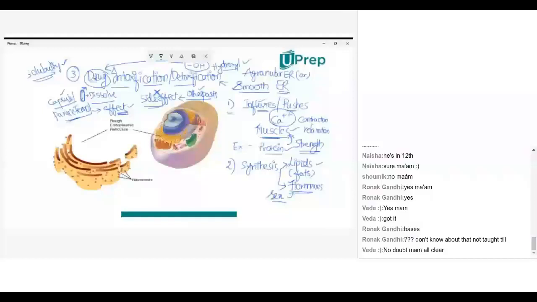Everybody is aware of this polio vaccine, that's why I'm taking this as an example. Polio is a disorder which affects the vertebral system, the skeletal system of a human. So in order to get rid of polio, kids are given the polio vaccine right from the day of birth in the form of drops.